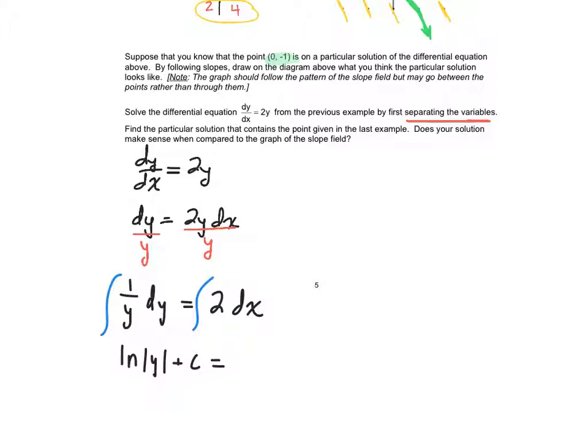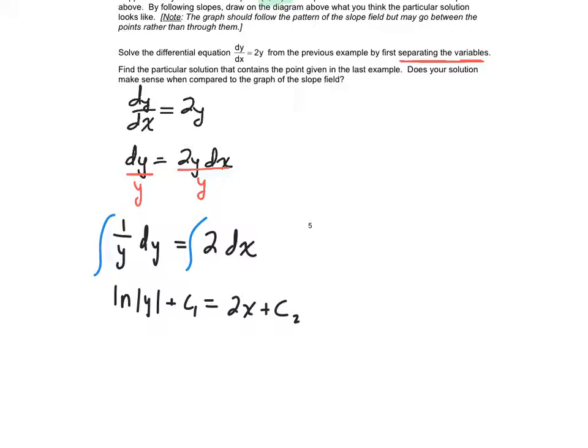And on the right-hand side, instead of 2 dx, it becomes 2x plus some other constant c. We'll distinguish them from one another with subscripts. But as we learned previously, we can consolidate those c values, in which case I get the natural log of y is equal to 2x plus c.